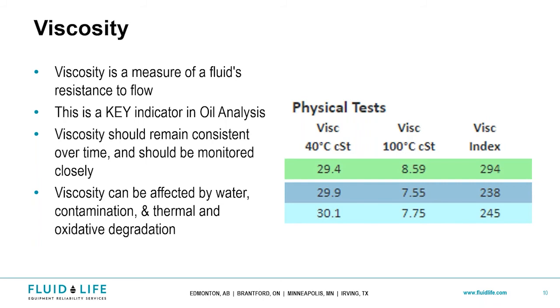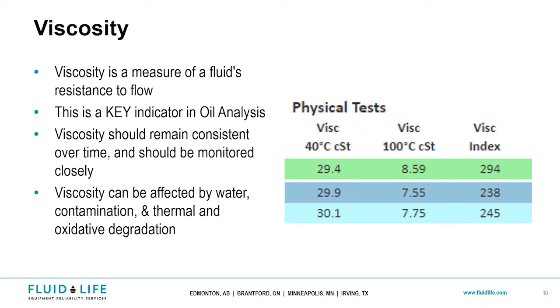So your viscosity index is basically just showing you how it holds up throughout that temperature fluctuation. The 40 degrees is kind of your sitting baseline of your oil versus the 100 degrees Celsius, which would be as it's starting to run up in operation, right?